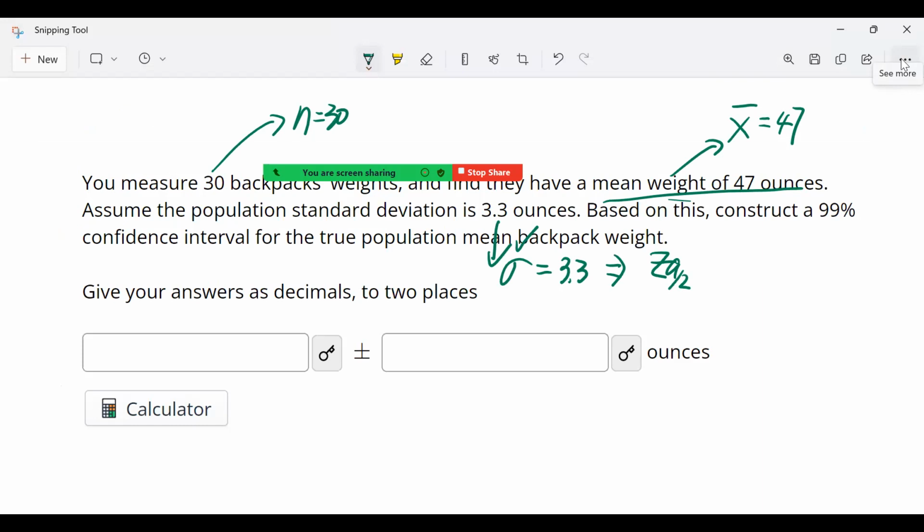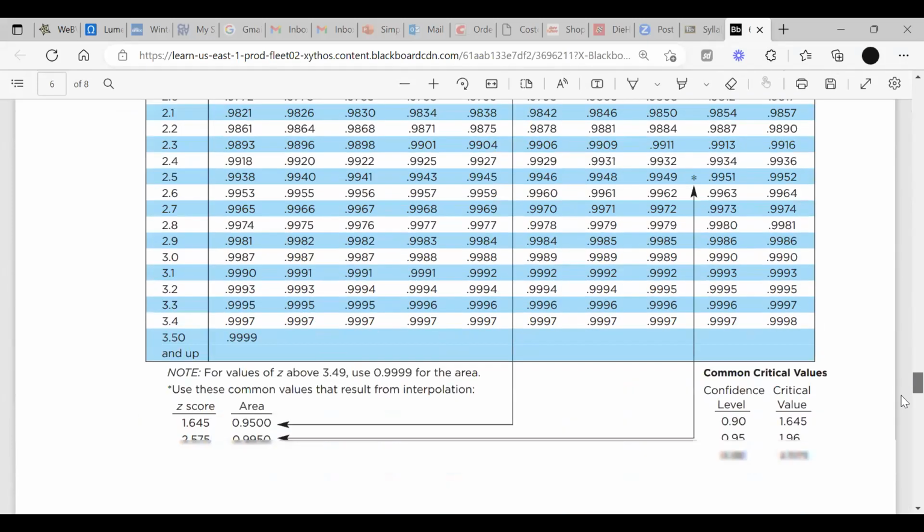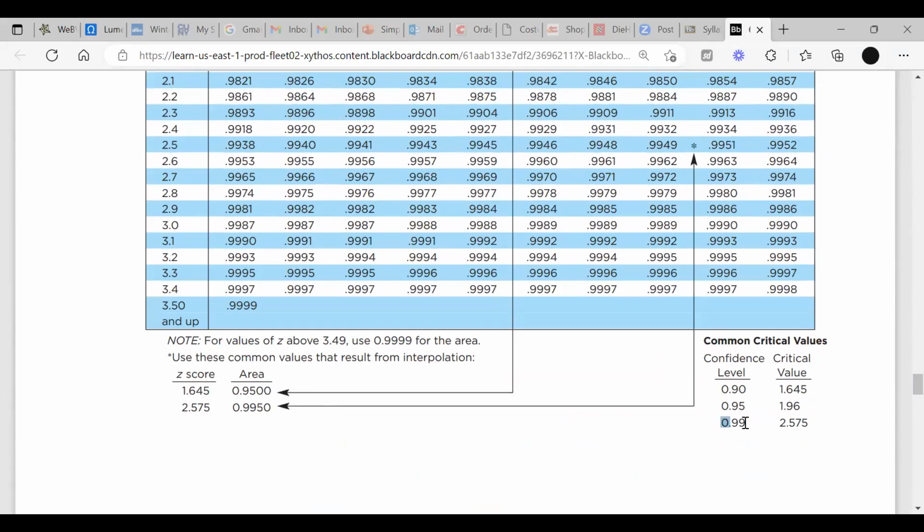They're telling us 99% confidence, so the critical z-score is 2.575. One more time, you can quickly look it up in table A2. If you go down, you're going to see 99%, 2.575. That's the most important thing here.